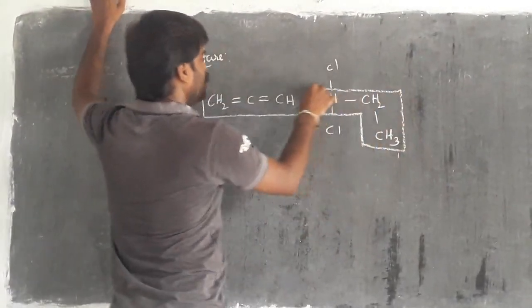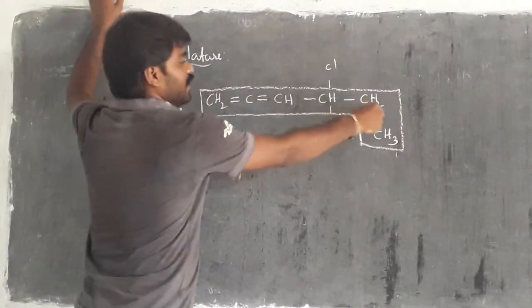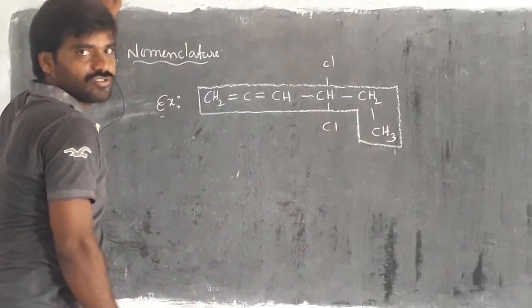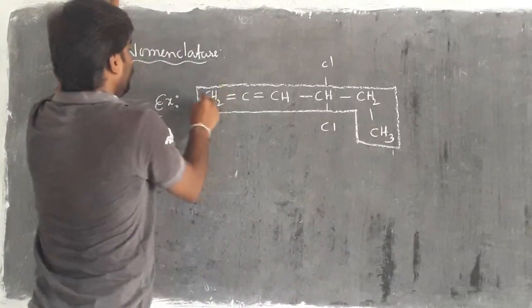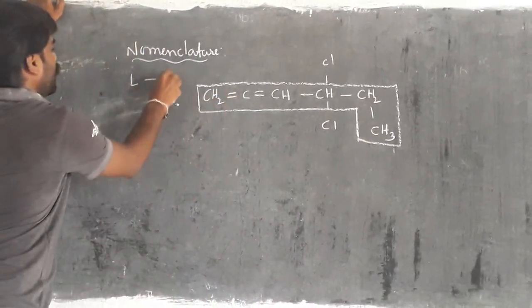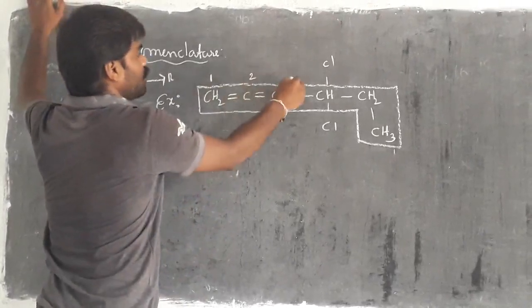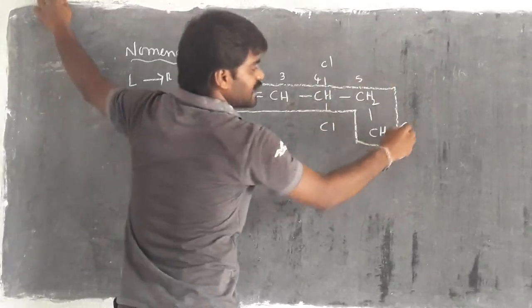So here, this is the parent chain because this one is able to give the maximum number of carbons in a parent chain, right? For that, here I am going to start counting and allot the numberings. Here, first carbon, second carbon, third carbon, fourth carbon, fifth carbon, sixth carbon.